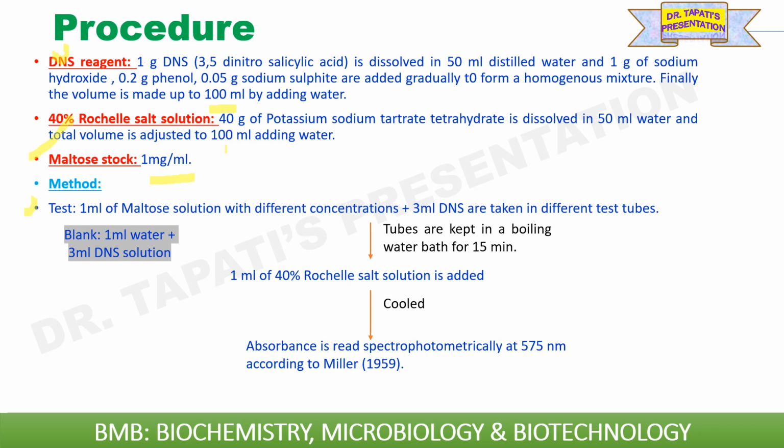Stock is 1 mg per ml, but we have to make it in different concentrations in different test tubes, and we have to add 3 ml DNS reagent, and then those test tubes are kept in a boiling water bath for 15 minutes.